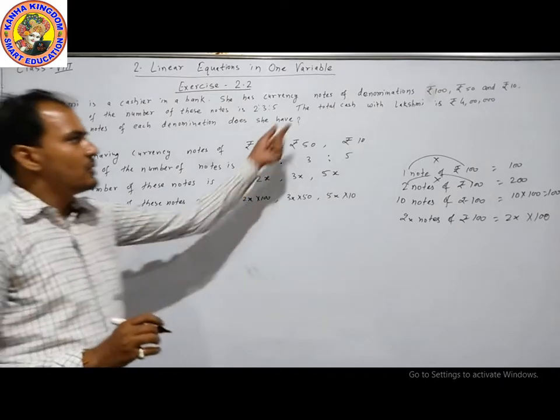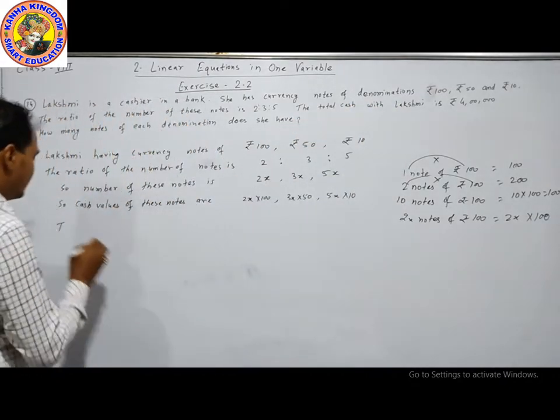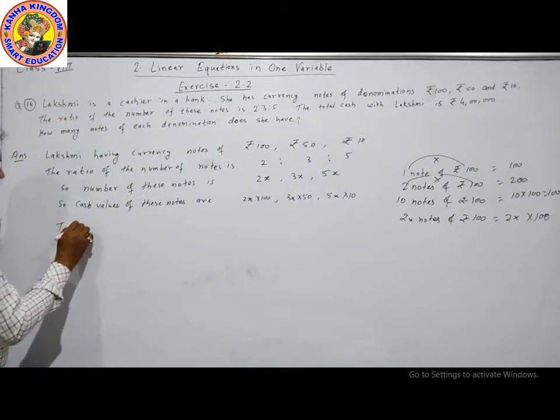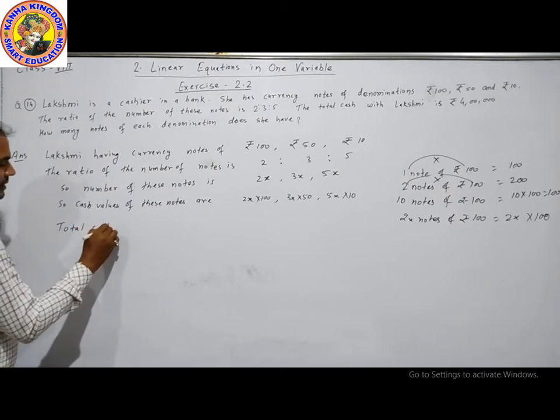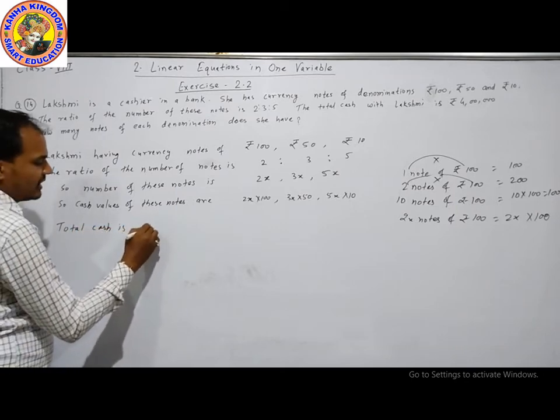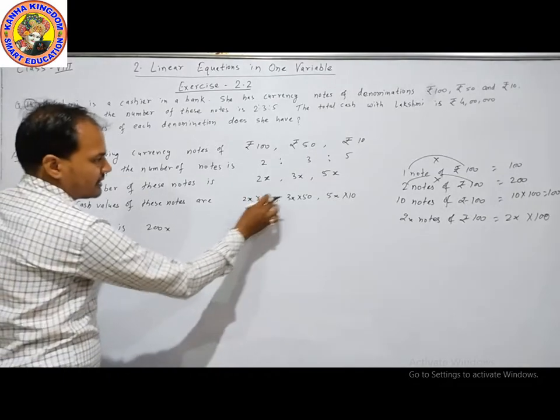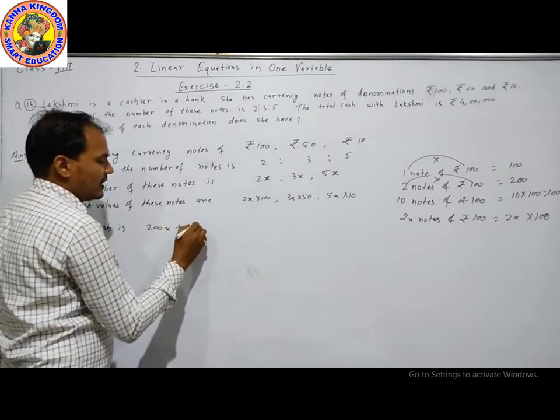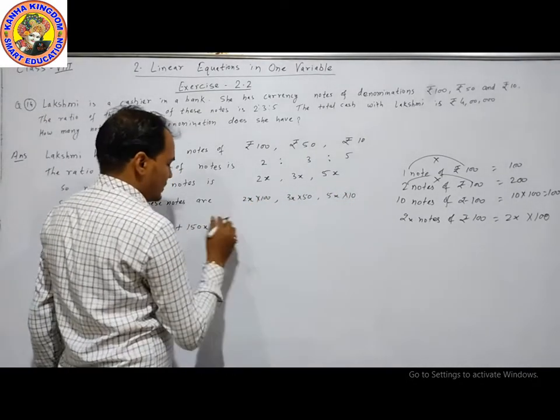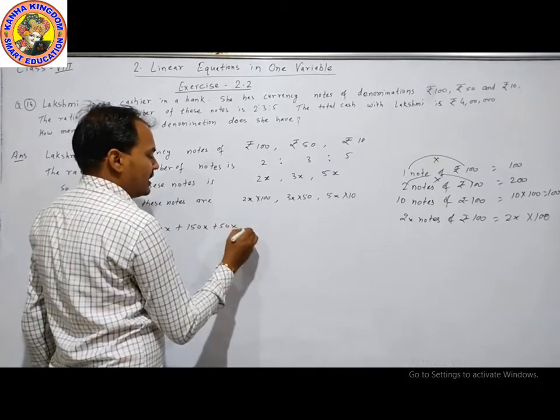Next line is total cash with Lakshmi. Total cash is 200x plus 150x plus 50x.